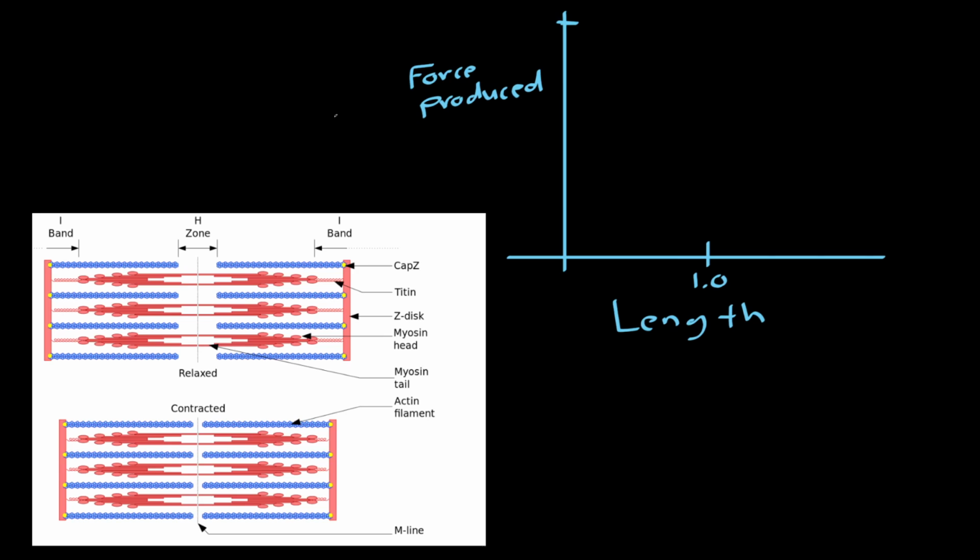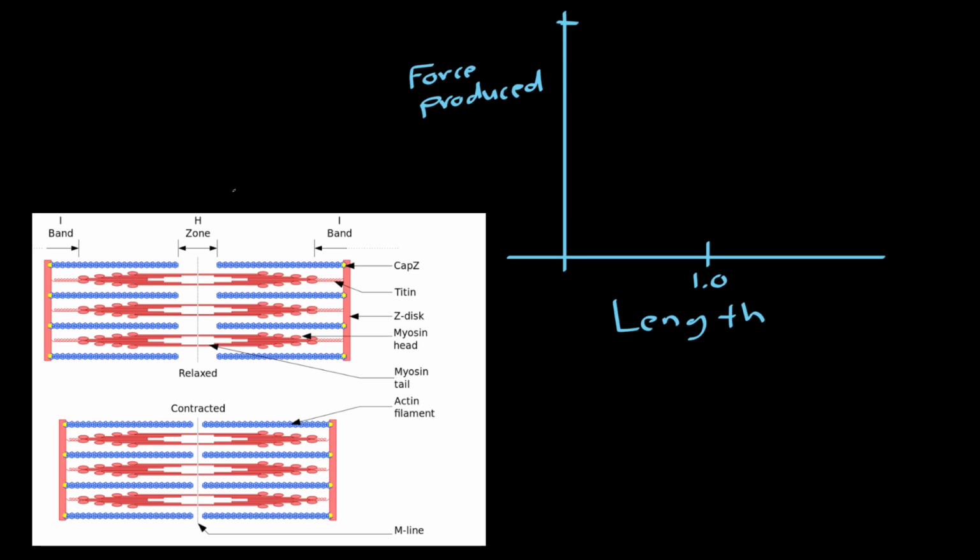So before we talk about producing force in an active sense, the most simple thing we can talk about is, let's just assume there's no electrical signal going to the muscle at all, meaning there's no calcium getting dumped out of the sarcoplasmic reticulum. So there's no cycling of myosin heads on the actin and so on.